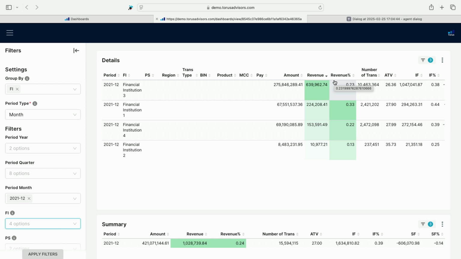Then we can also have a look at what are the most profit-making financial partners for us. Why it's crucial for BaaS and card as a service to do it these days, because BaaS and embedded finance are hot topics nowadays, but at the same time, BaaS is being commoditized quite fast.